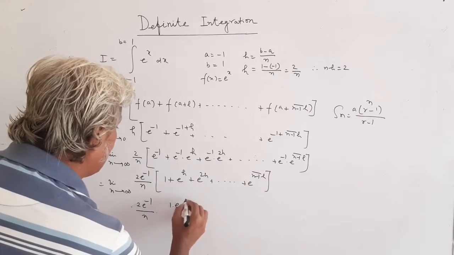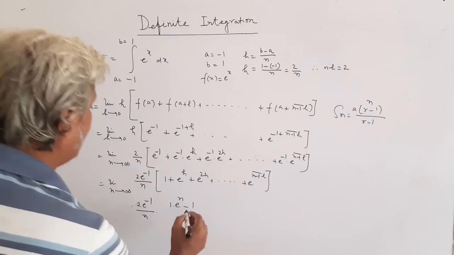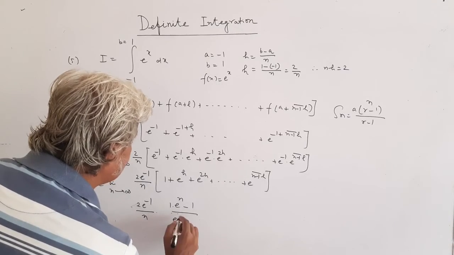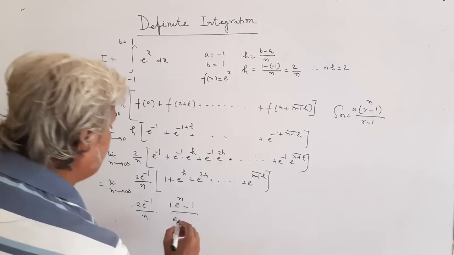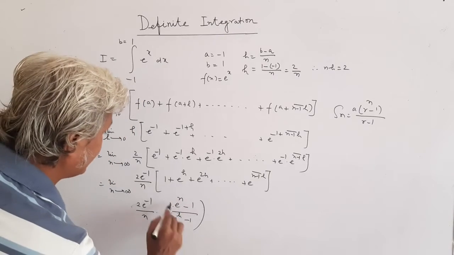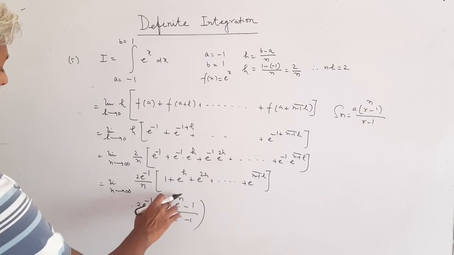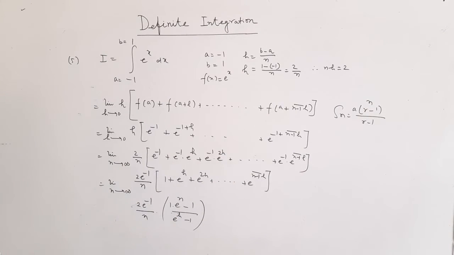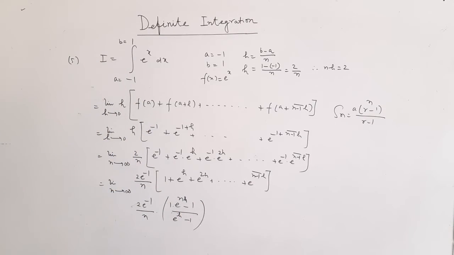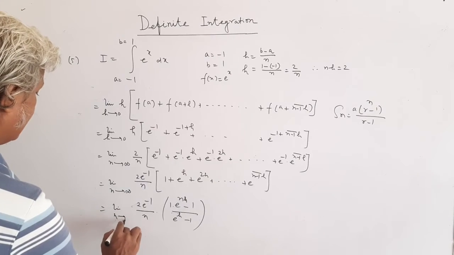So e to the power nh minus 1 over r minus 1, that is e to the power h minus 1. So this whole thing is 1 into e to the power nh minus 1, and this 1 is fine. So this is limit n tends to infinity.